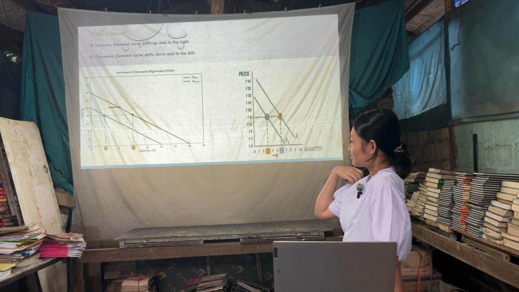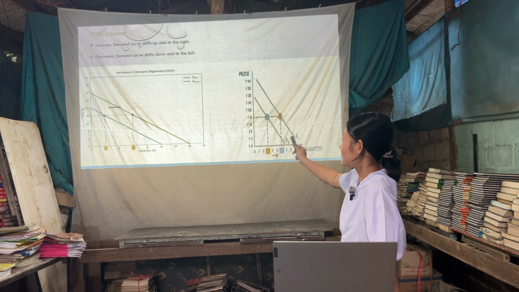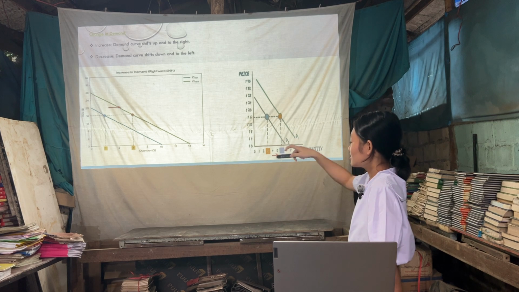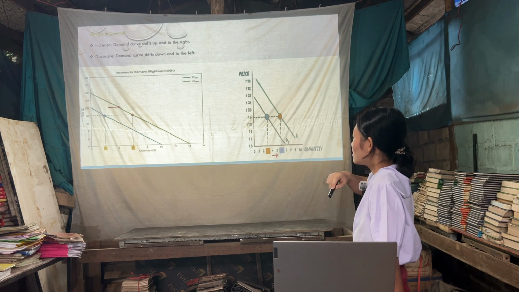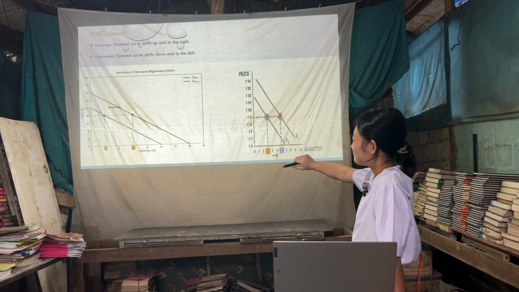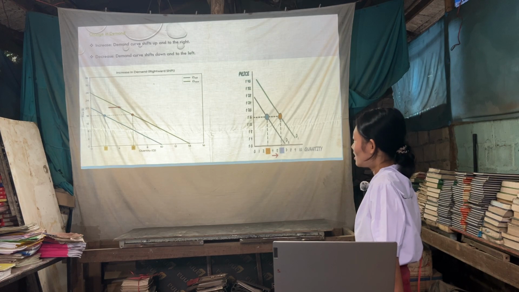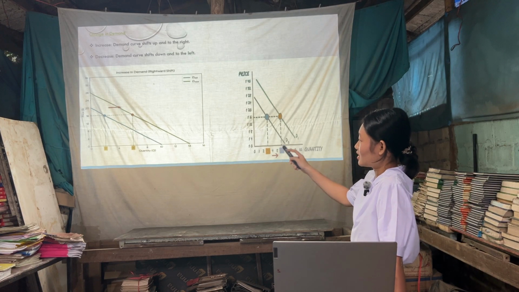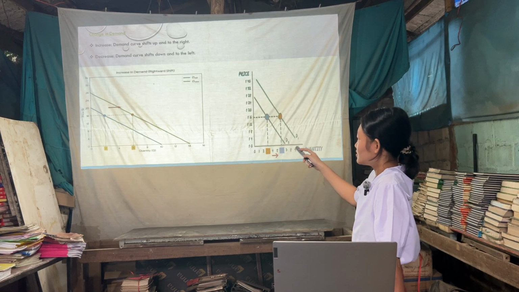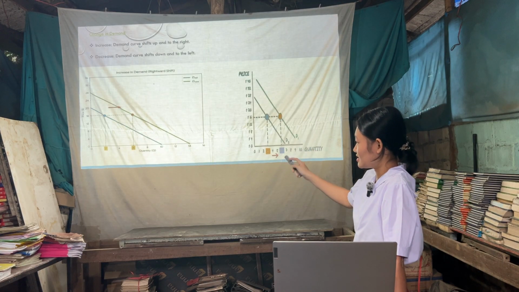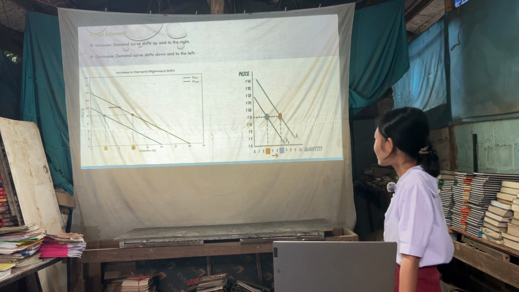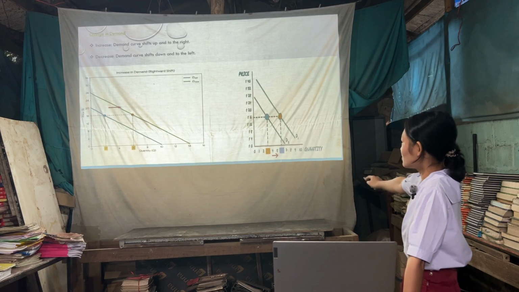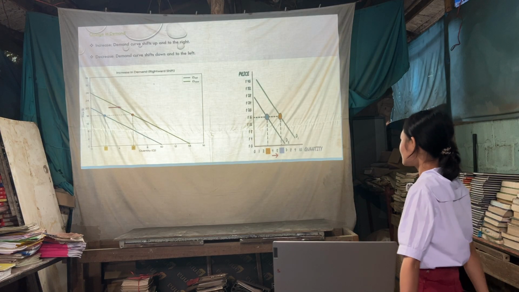The blue curve is the old demand curve. For example, for a plant, at $16 we got 2 plants, and at the new demand at $16 we got 6 plants. This one is an increase in demand and this one is a decrease in demand.